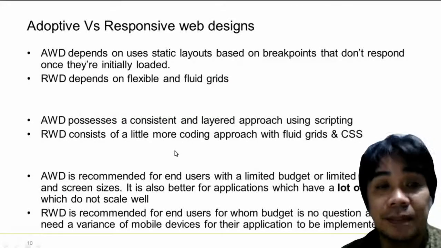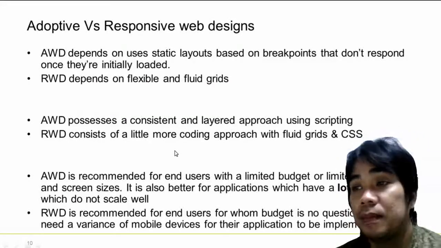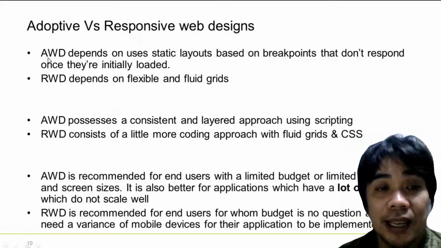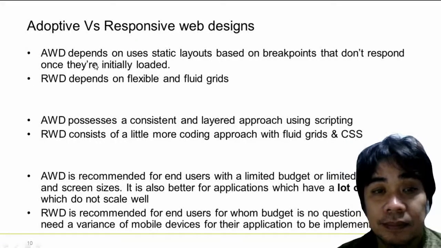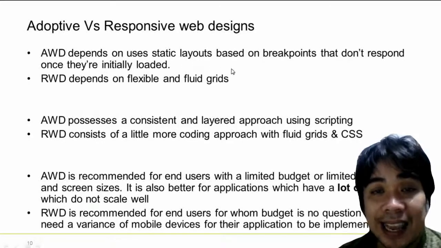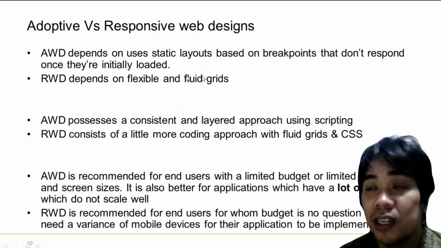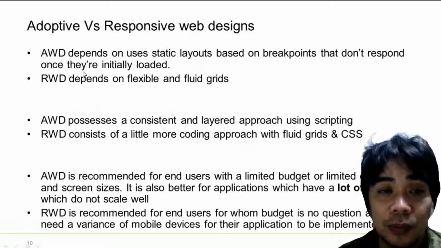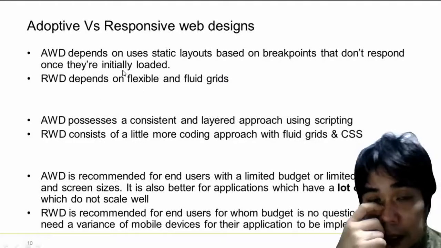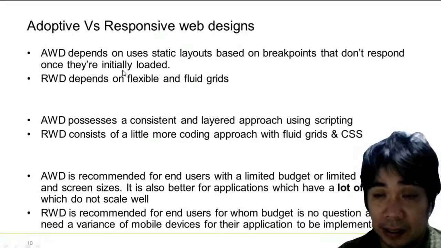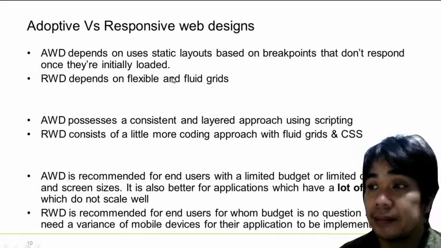What are adaptive and responsive web design? AWD is adaptive web design. It depends on a static layout based on breakpoints that don't respond once they are initially loaded, which means the designs are already predefined.